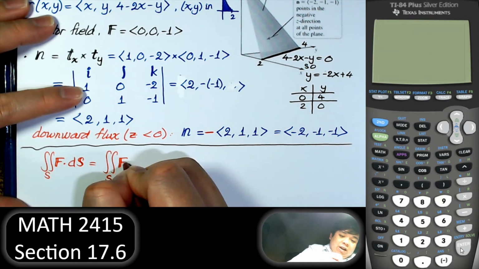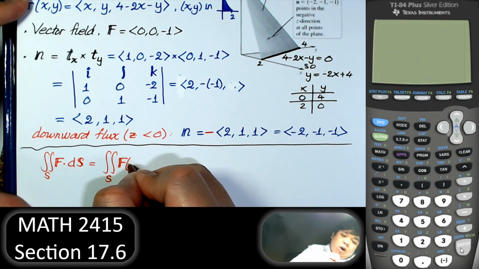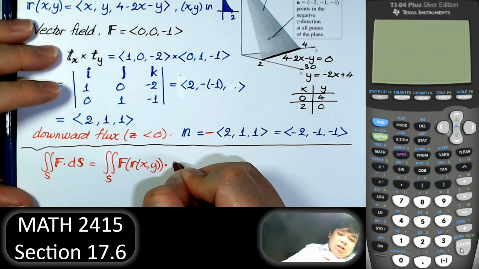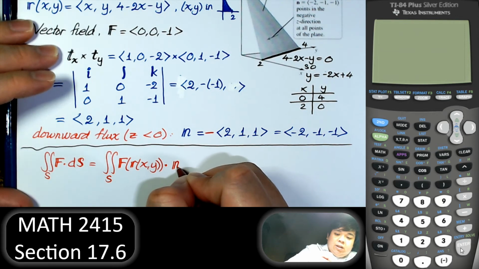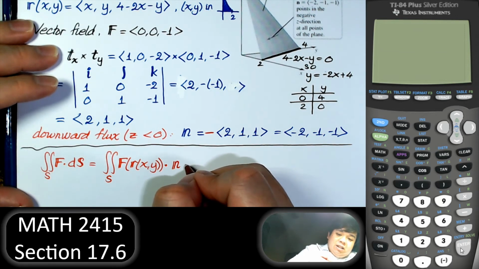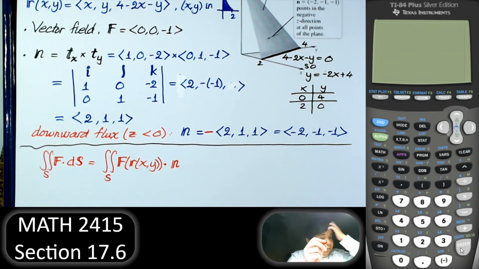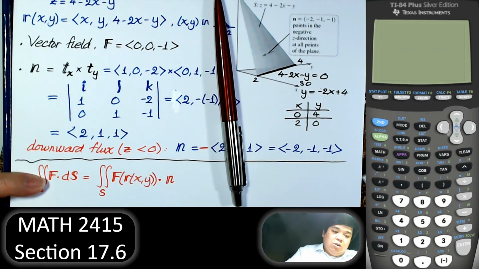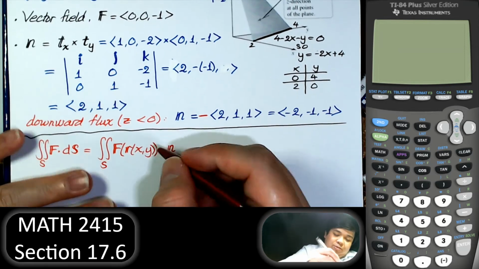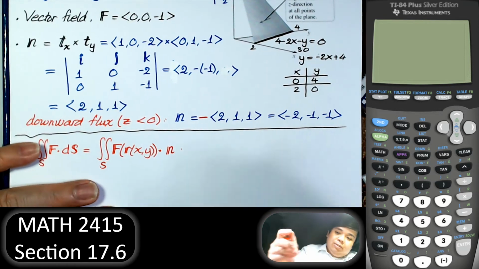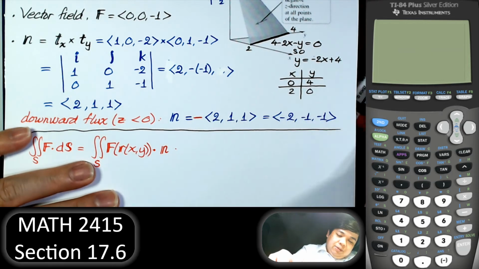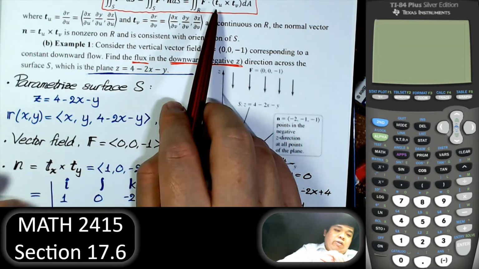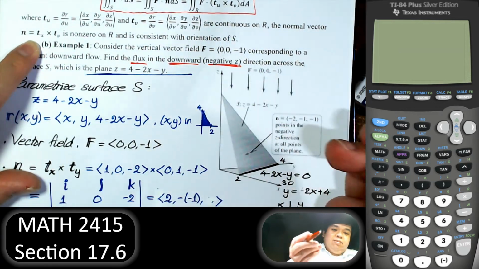But now we write the vector field in terms of the two parameters, x and y, dot the normal vector times dS, or just dA if you will. Yeah. So if they are equivalent, then the dA is just dS here, pretty much.